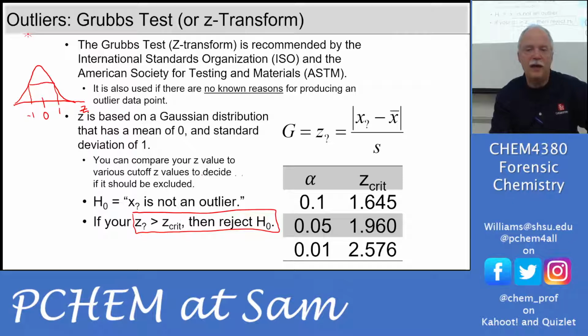What do we need to do to calculate Z? Well, look at this. Instead of taking the question data point's difference from its nearest neighbor, we see how far it is from the mean. Does that make sense? We're seeing how far this question data point is from the mean value. And then we divide by the standard deviation.